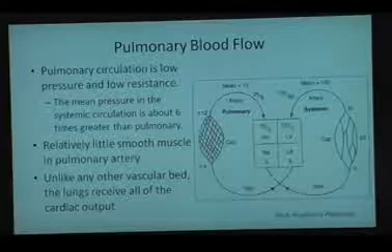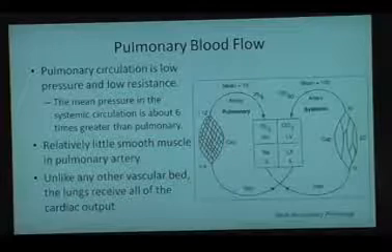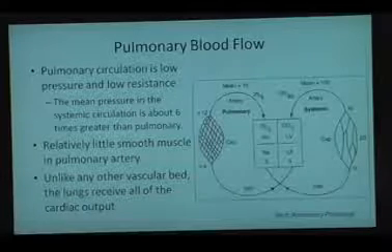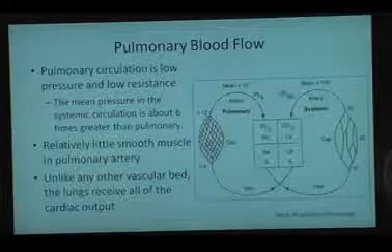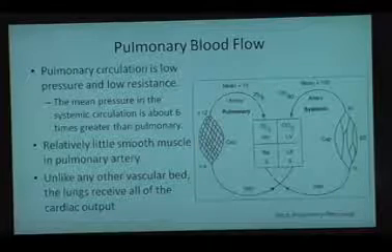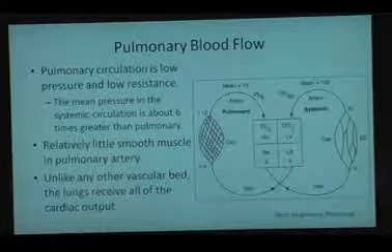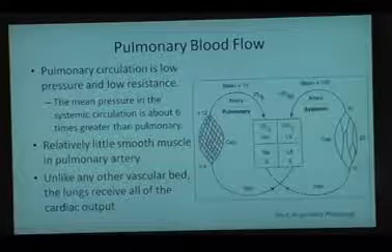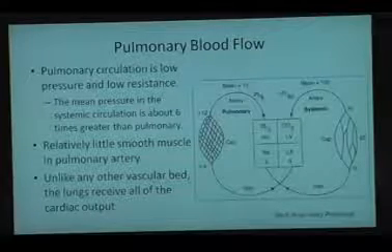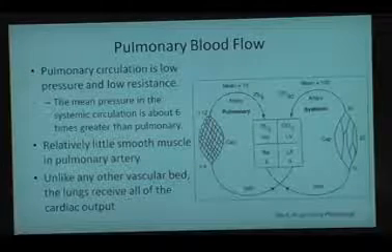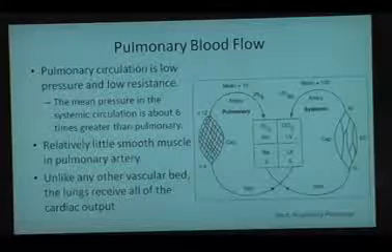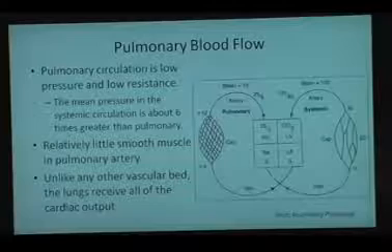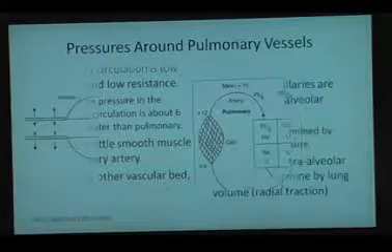So there needs to be smooth muscle throughout the rest of the body so that, for example, when you exercise, you get more flow to skeletal muscle and so forth. So unlike any other vascular bed, the lungs receive all of the cardiac output, whereas there are regional differences in perfusion among other parts of the systemic circulation.